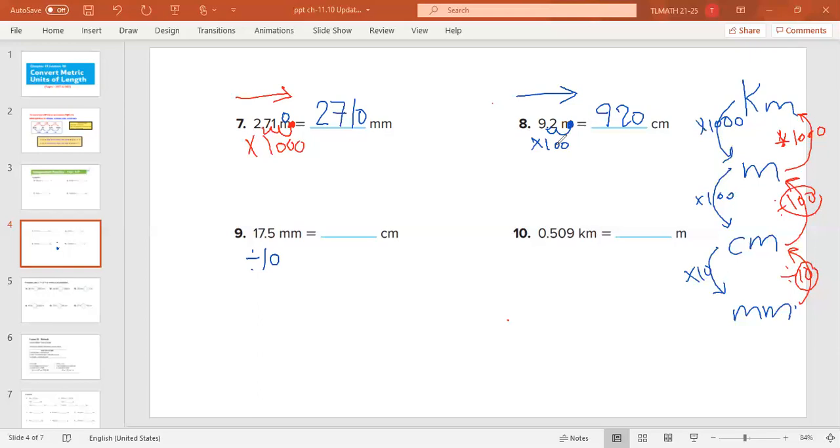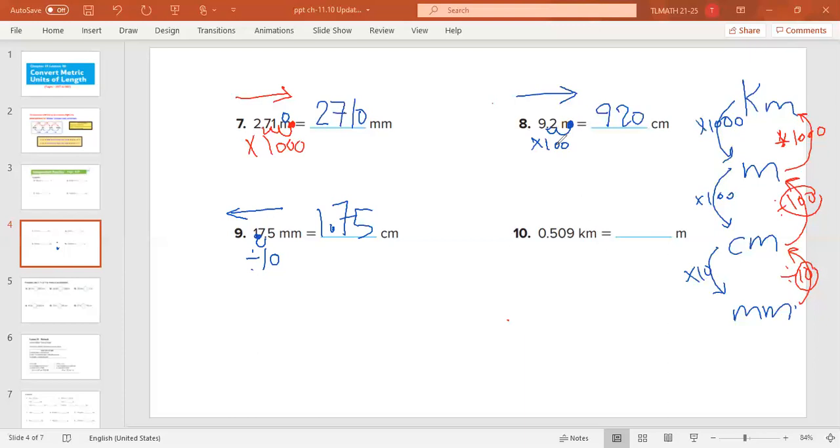When I want to divide, I'm going to take my decimal point to the left side. How many decimal places do I need to move it? Only 1 decimal place. So here's my decimal point. The answer will be 1.75 centimeters.